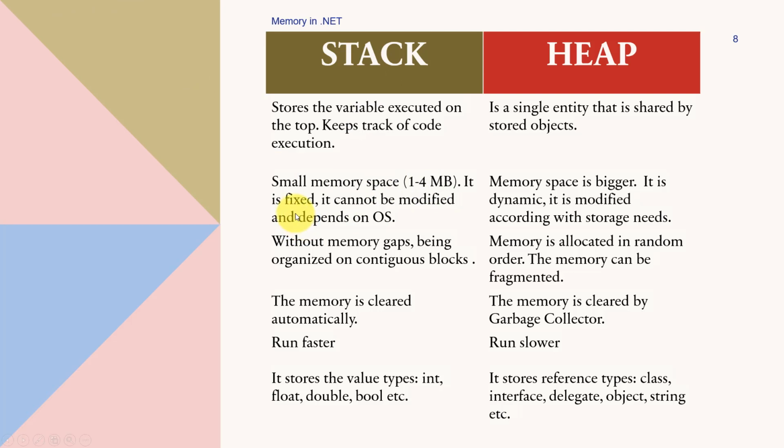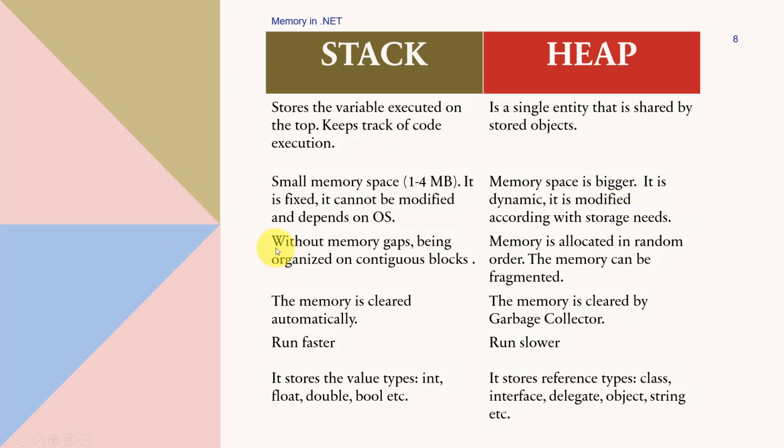The stack memory is fixed, cannot be modified, and depends on the operating system, while heap memory space is bigger. Heap memory is dynamic and can be modified according to storage needs. That means the heap memory can shrink or expand according to the storage needs.